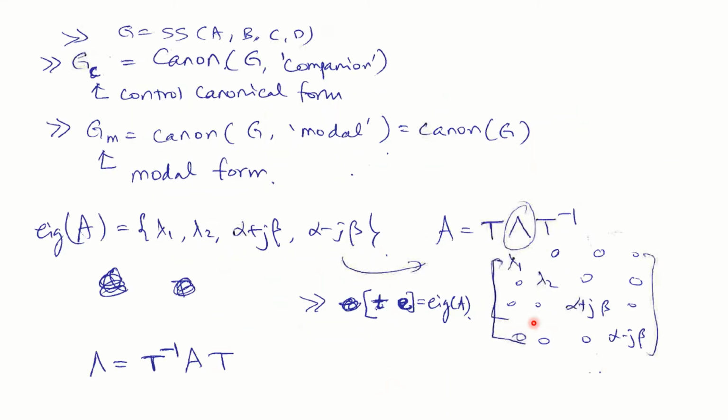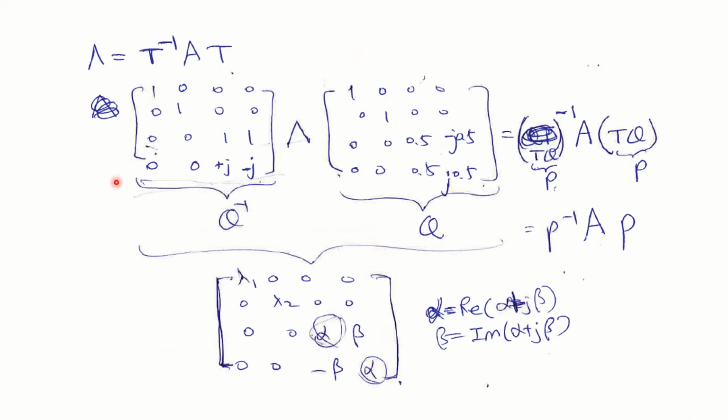That was the original lambda. But now we multiply by Q inverse and Q, so that the resultant matrix becomes like this. This is what we are going to have for the new A matrix. That's the realization after the modified Jordan canonical realization.